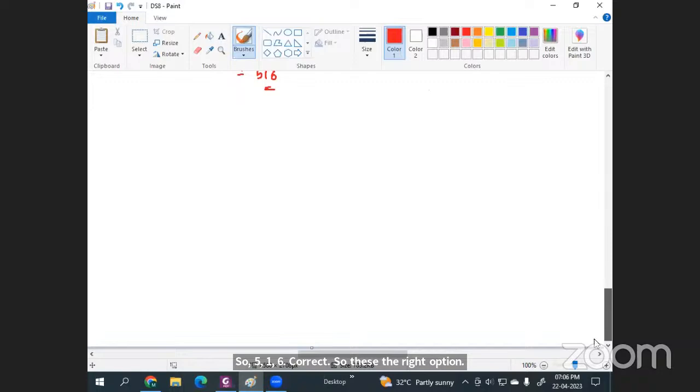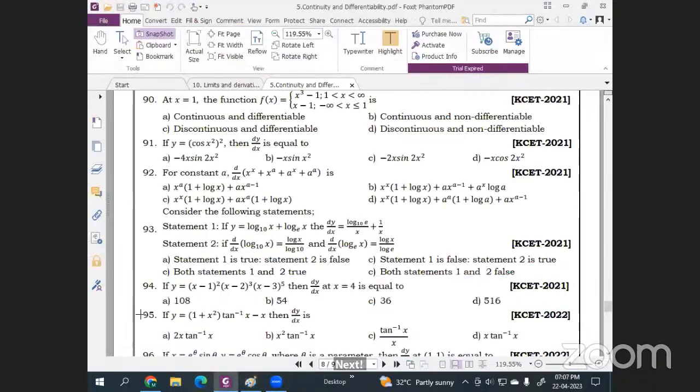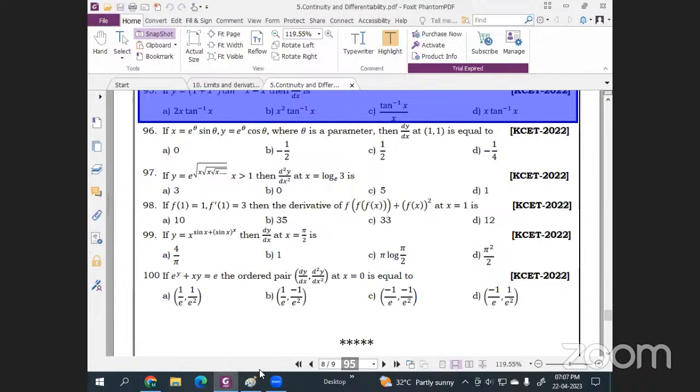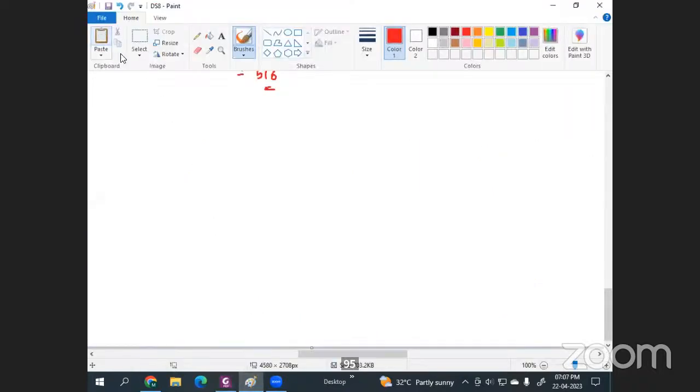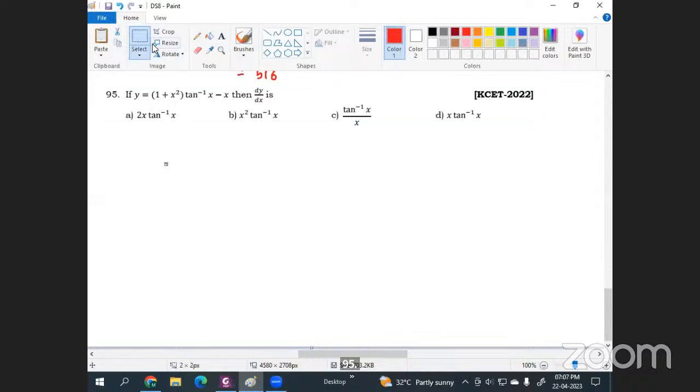Next. Question 95. y equal to (1 plus x square) tan inverse x minus x, then dy by dx equal to what?